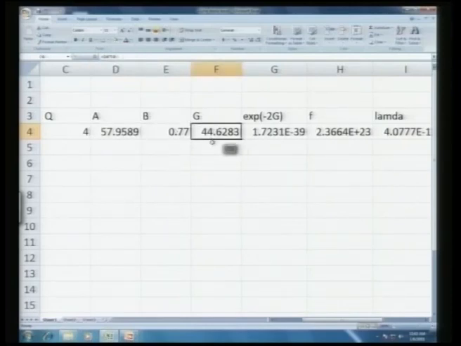Here it is e to the power minus 2 g, the probability of tunneling in one attempt, and this f is the number of attempts per unit time. Here it is per second, and this is V naught by 2 into capital R.